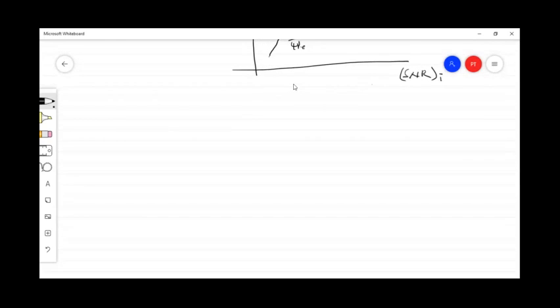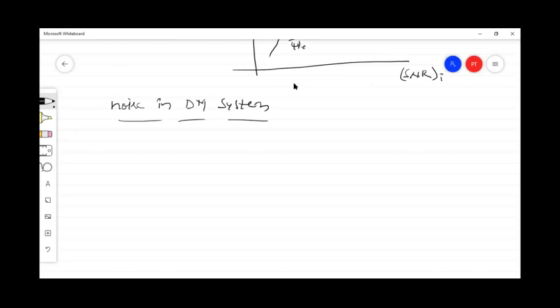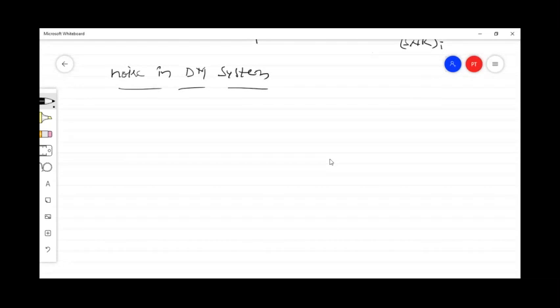So now let us see the delta modulation system. Noise in the DM system. Okay. So in this case also, there are two types of noise components.